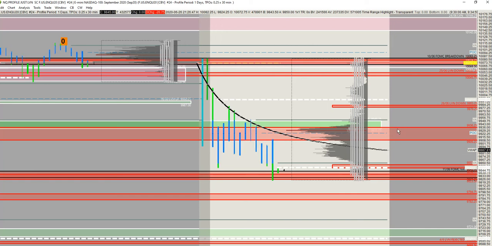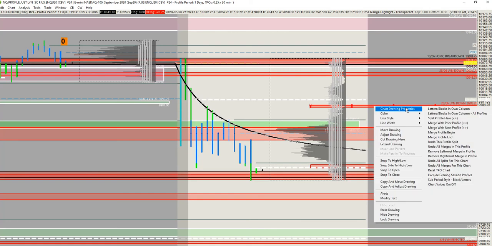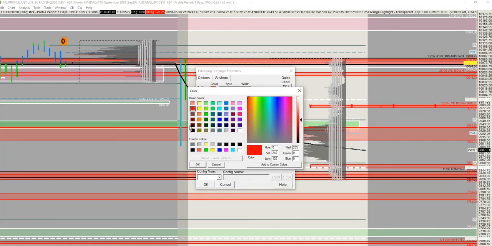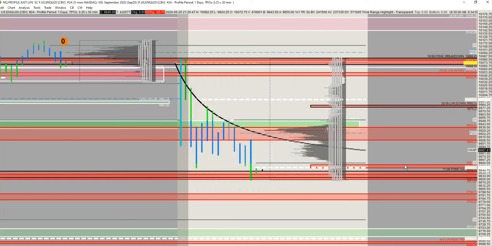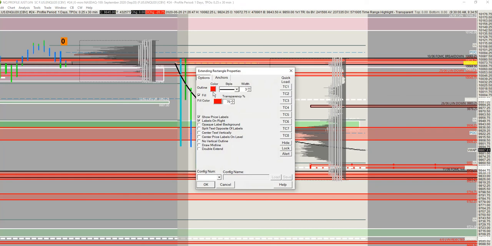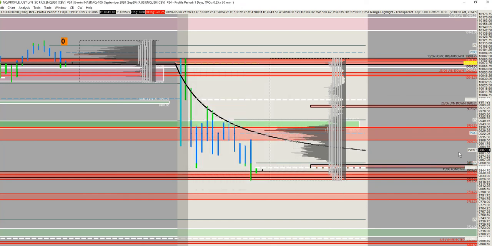But I think these are the ones that really need to be focused. Just gonna put them on black here. This way I know that these are the most important areas for me to focus because I like to do it that way.